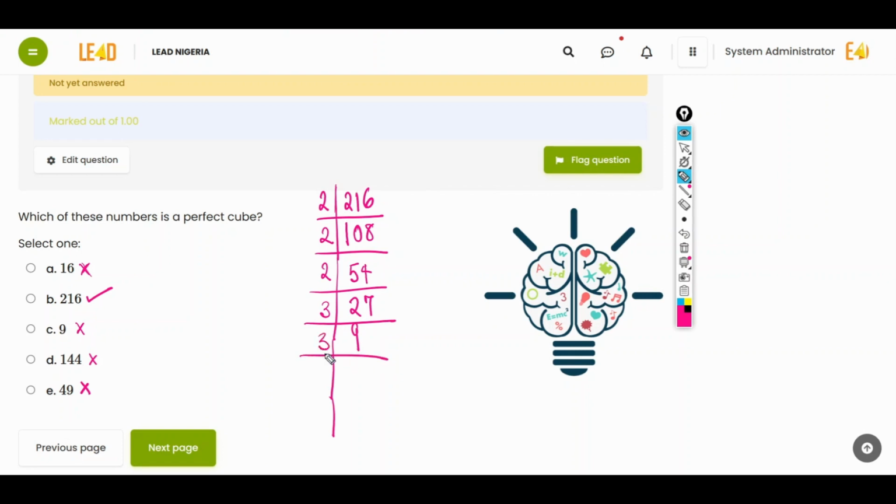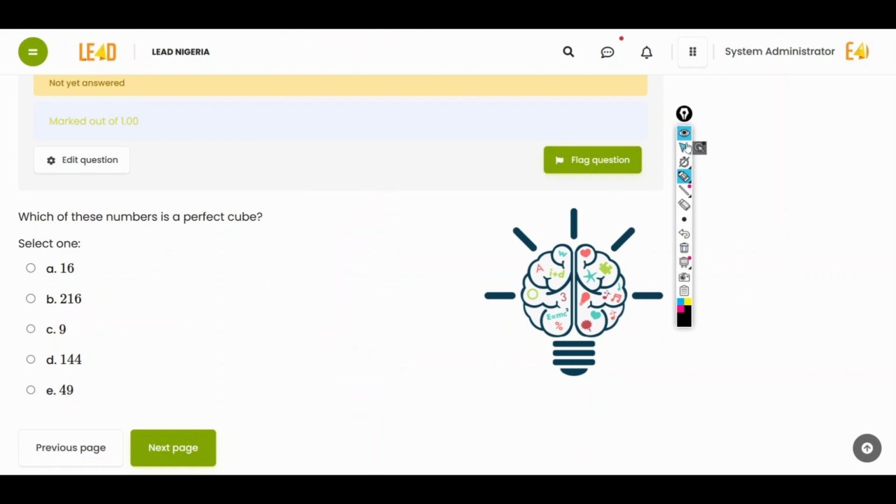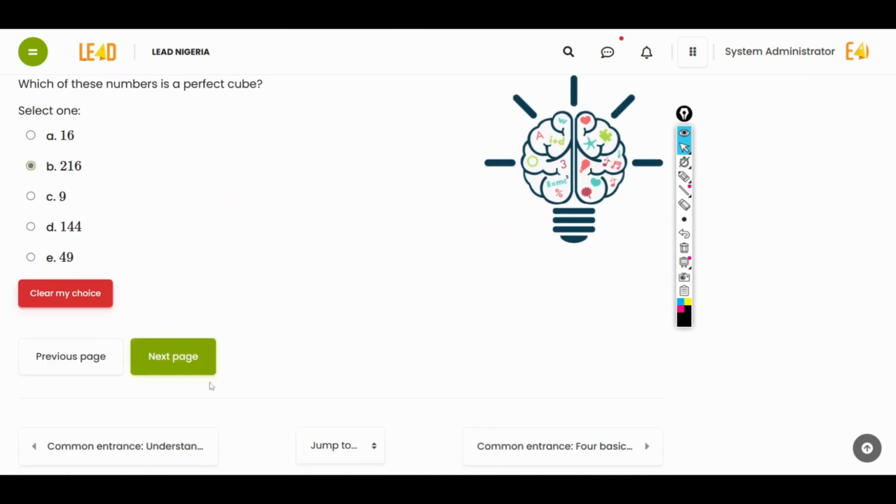Use 3, I would have 3. Use 3, I would have 1. Now I need to pick out groups of 3 again, because I'm trying to find the cube root, to confirm that it actually has a cube root. So I'll have 2 and I would have 3. You multiply them out, 2 times 3 giving you 6. So the cube root is 6. So it does exist. So the correct option here is option B.